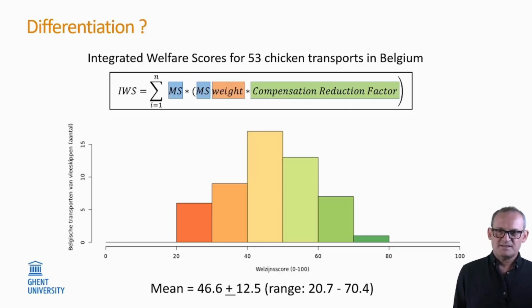And you see in this histogram that indeed, using this formula, you get a nice spread of values, allowing you to differentiate the welfare status during pre-slaughter of different flocks. The mean score on a scale from 0 to 100 was close to the midpoint, 46.6 points. And it was a nice spread.